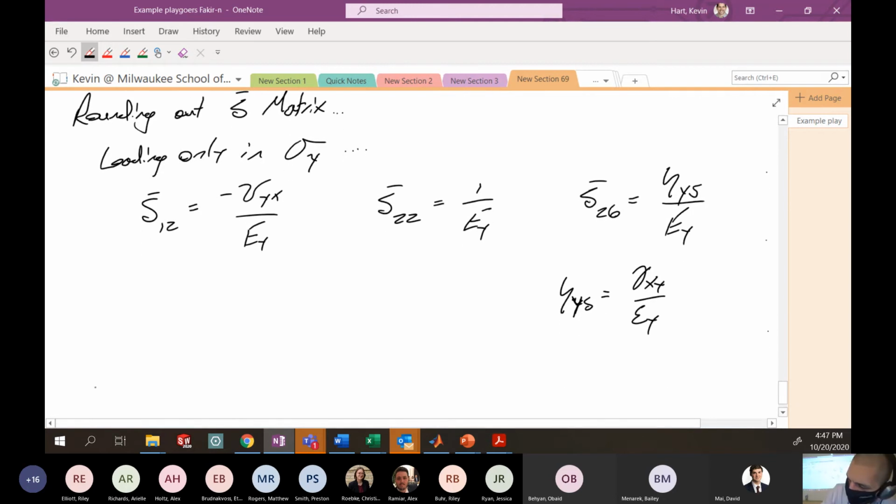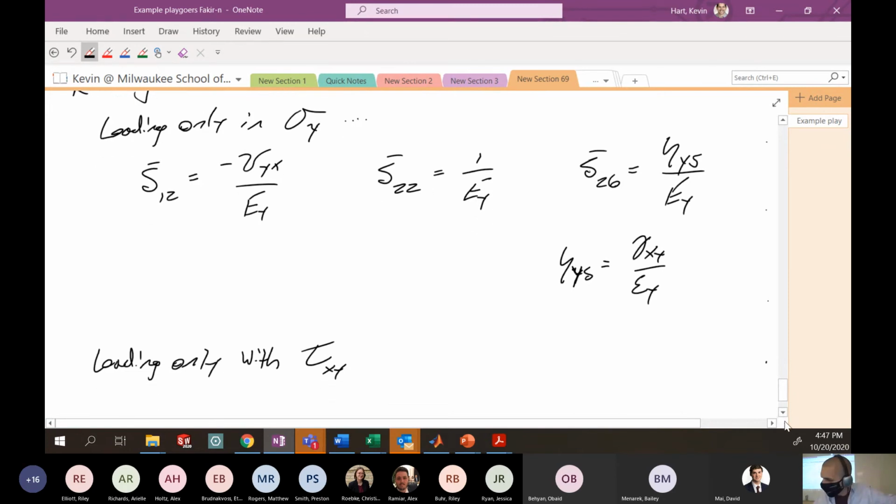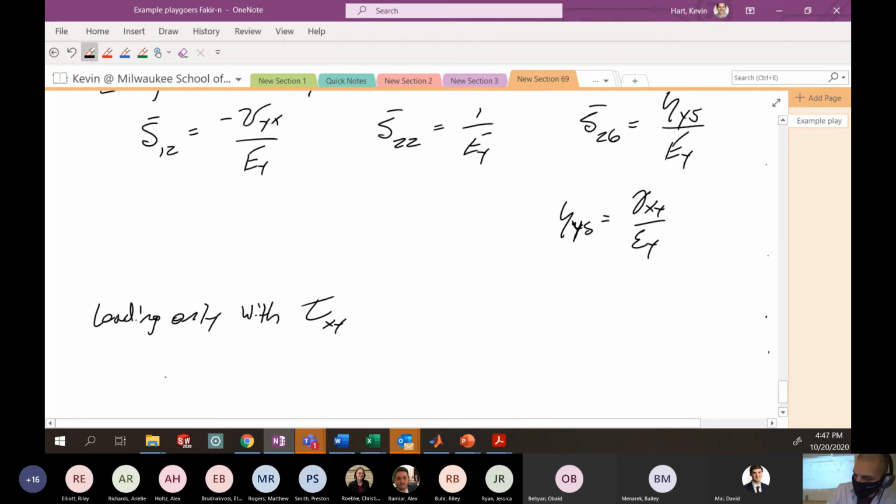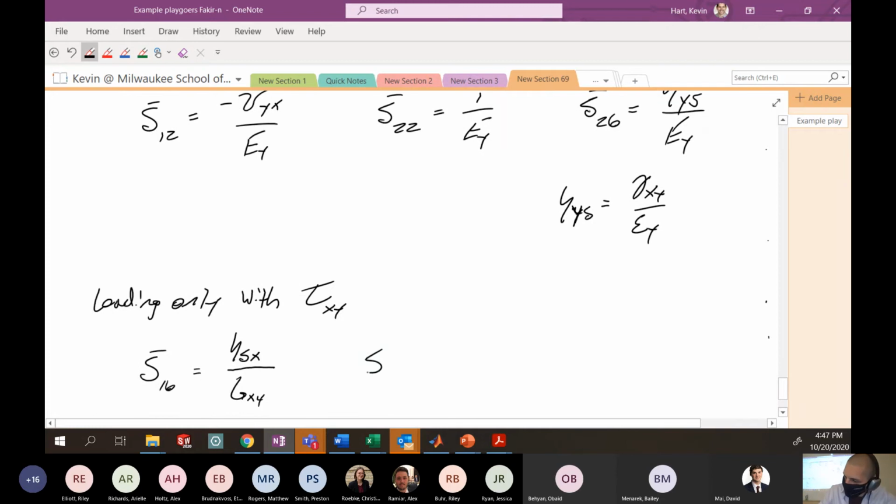Okay, then for loading only with shear, in this mock experiment, you'll have S bar 1, 6 is eta sx over gxy. S bar 2, 6 is eta sy divided by gxy.